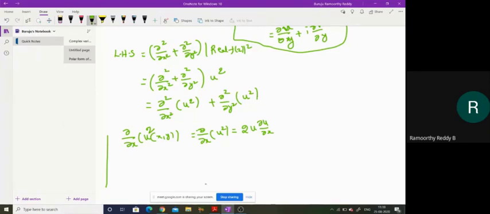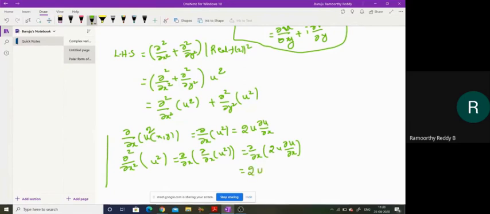Then dou square by dou x square of u square is dou by dou x of dou by dou x of u square, and dou by dou x of u square we already found, which is 2u dou u by dou x. This is of the form uv, so it equals 2u into dou square u by dou x square plus 2 dou u by dou x into again dou u by dou x. It is clear.